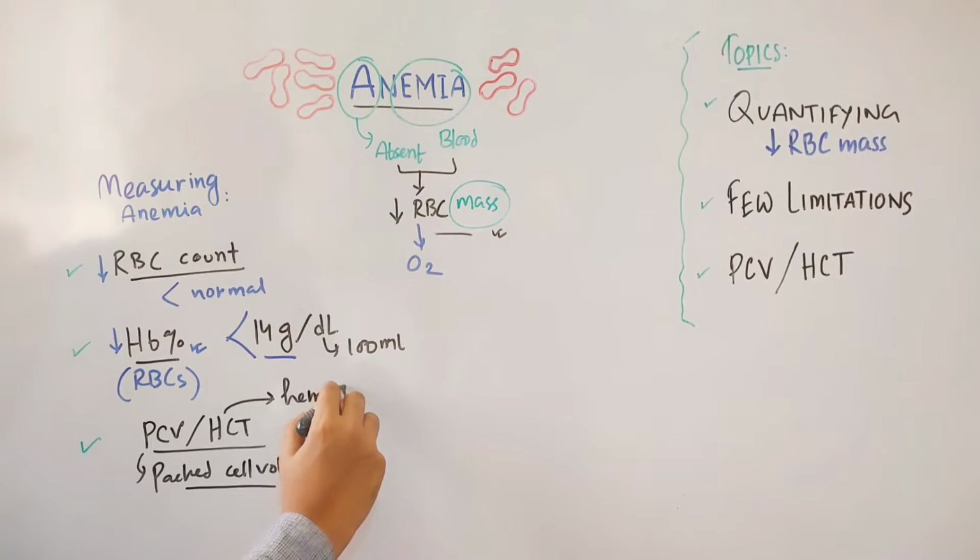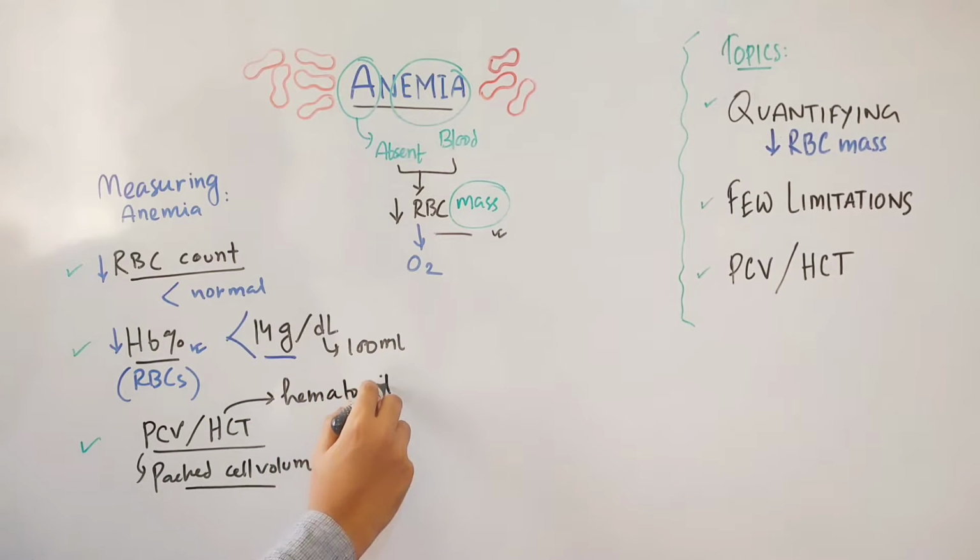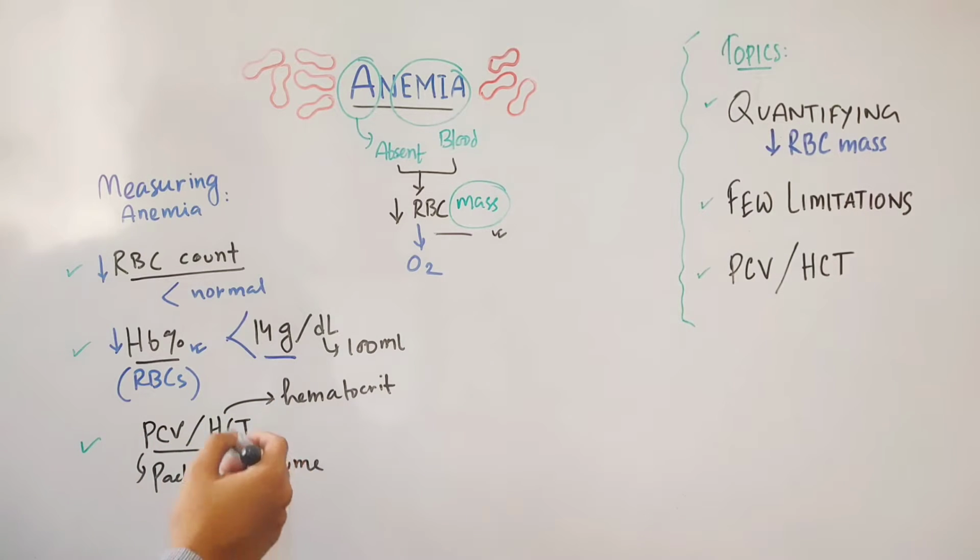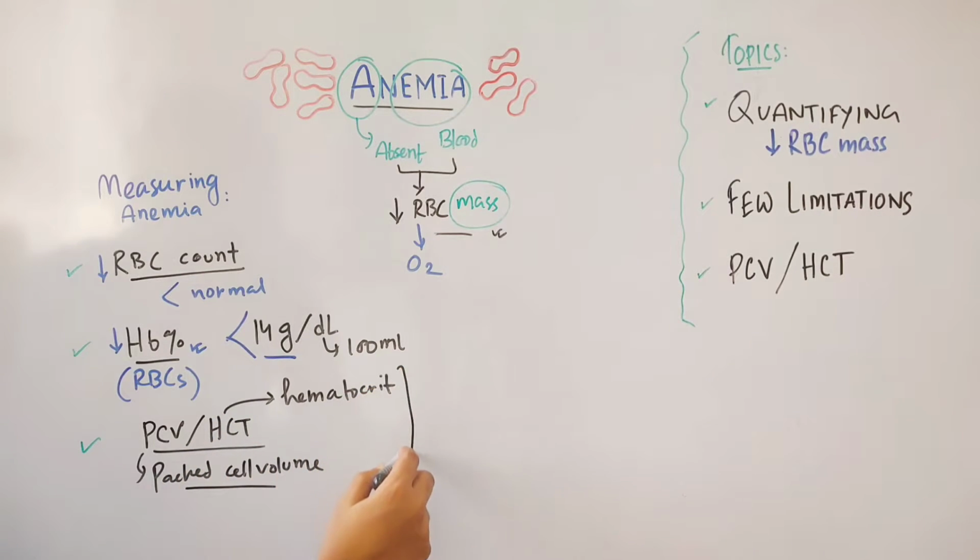We will have to discuss it a little more extensively to understand why PCV is important and what limitations we can face when measuring anemia based on PCV. That we will do in the next section.